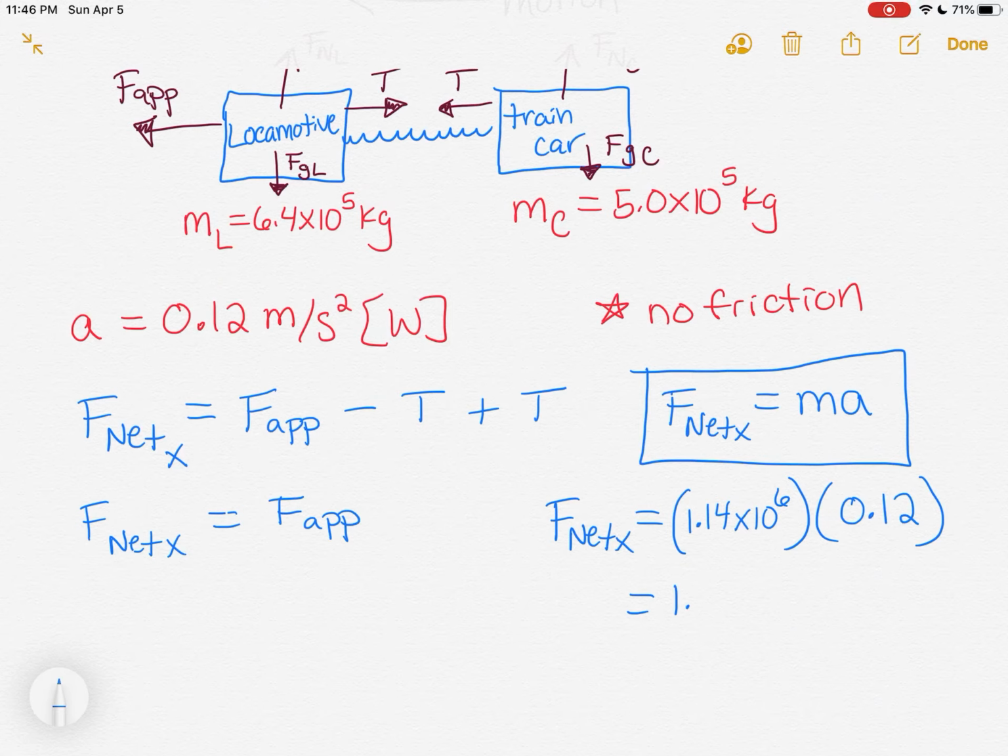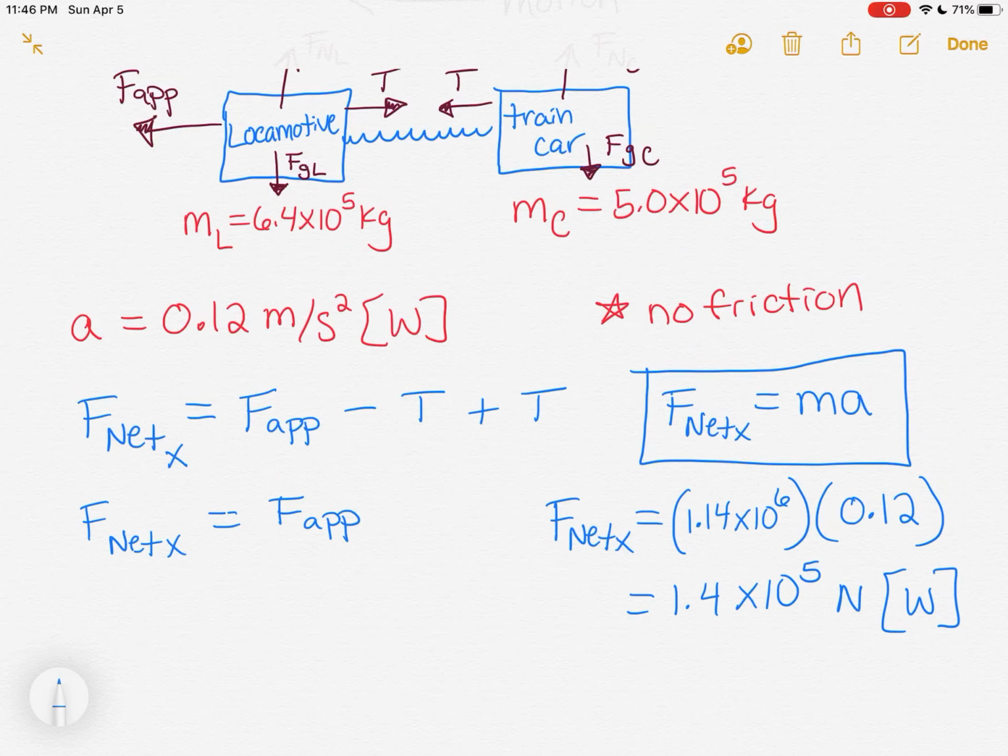And I'm going to get an F net of 1.4 times 10 to the 5 newtons. We're traveling to the west, and it's a positive answer. So that's part A, the net force happening on the entire train.